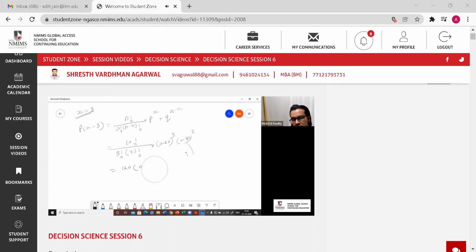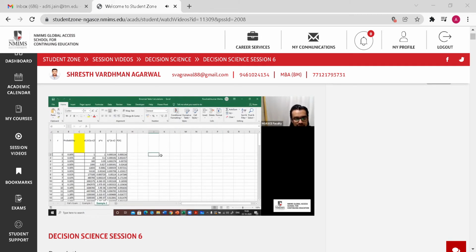So let me show you the shortcut in Excel. In Excel you can do one thing. If you want to derive this expression, there is a shortcut key in Excel. Say for example, I want to find the square of 2, that is 2 raised to 2.